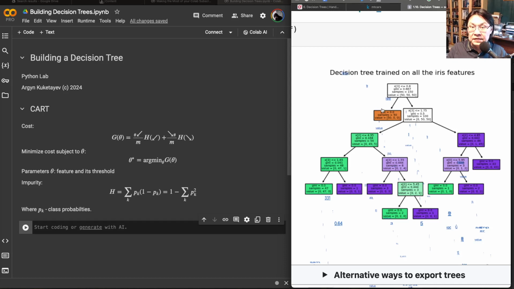So in a very simple version of the CART algorithm, we will stop branching only when we reach a pure state. Purity means, look, there are three possible classes, right? In this case, this is the iris dataset.